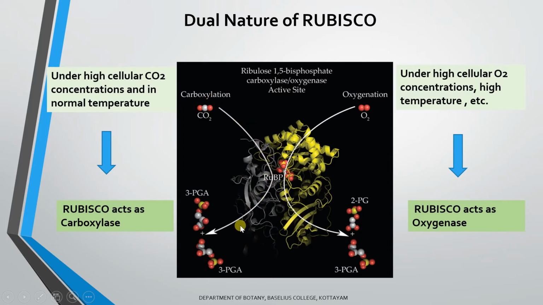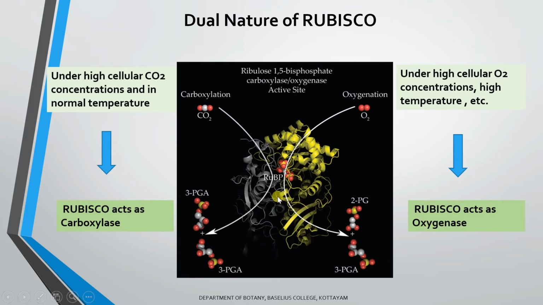So when carboxylation takes place, this 5-carbon compound combines with this 1-carbon compound, and this 6-carbon addition compound splits into two 3-carbon compounds, two molecules of 3-PGA. So the normal C3 cycle operates in the stroma of chloroplast.